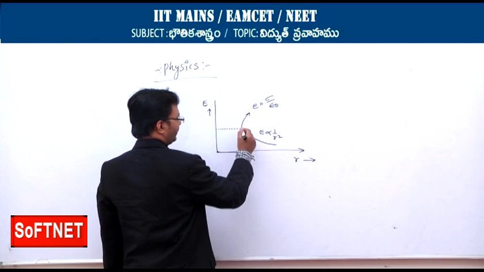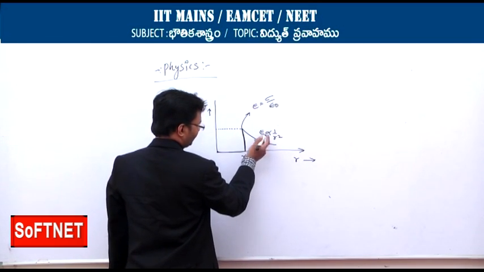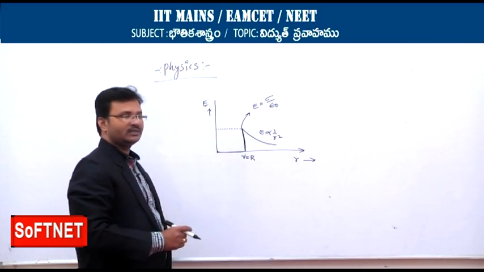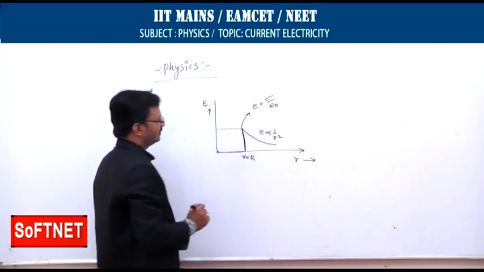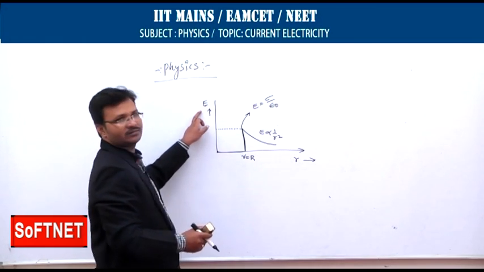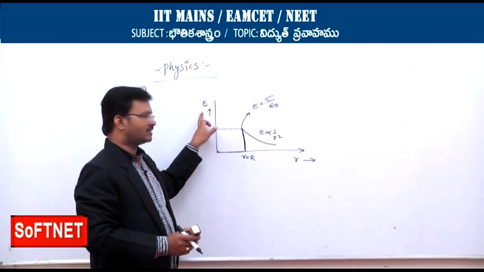From the surface we are moving out. Electric field intensity is inversely proportional to the square of the distance, so it is decreasing. This is the graph we observe in the case of a uniformly charged spherical shell.